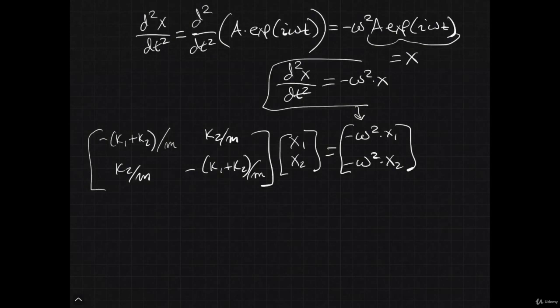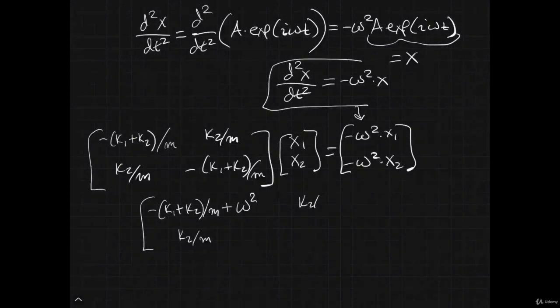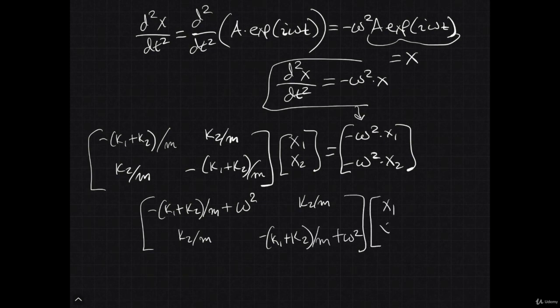And so we can actually move these over to the right-hand side, and you can rewrite the equation as follows. You have k1 plus k2 over m plus omega squared, k2 over m, and likewise k2 over m, k1 plus k2 over m plus omega squared, times x1, x2, and this is all equal to 0.